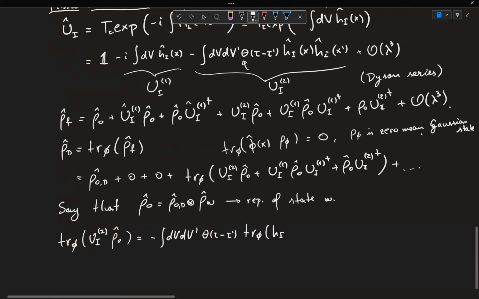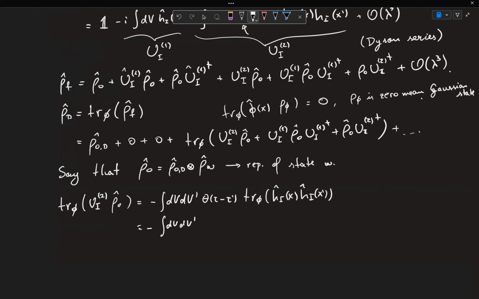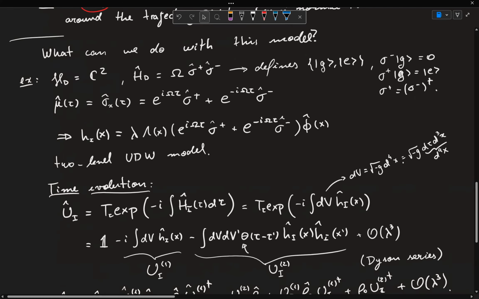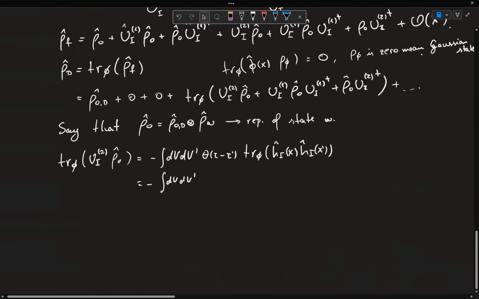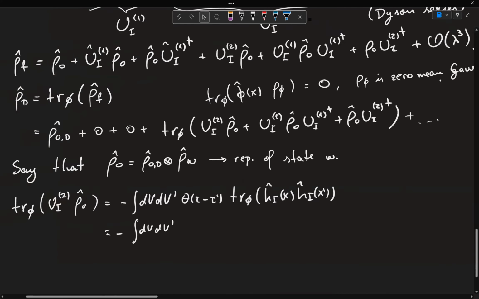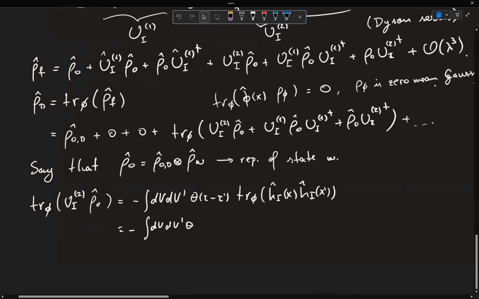Now I can replace the Hamiltonian by the expression that we had before, but I'm going to write this as mu of tau. So I'm just going to write mu of tau and not the expansion in terms of the sigma plus and minus. And what's going to happen here is that we're going to get the space-time smearing functions.